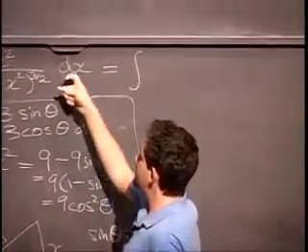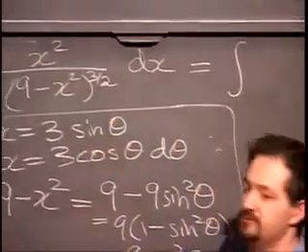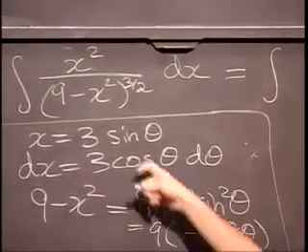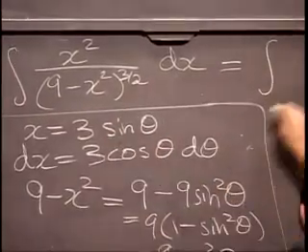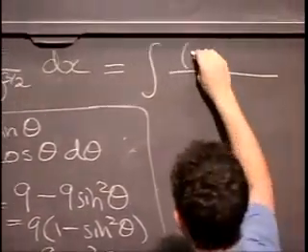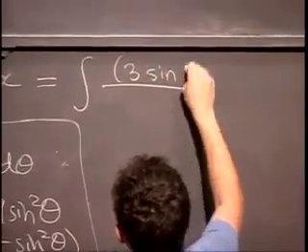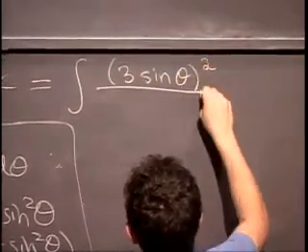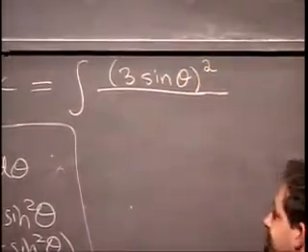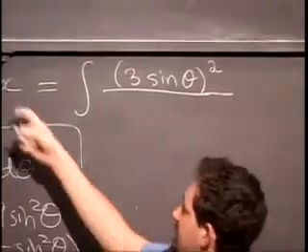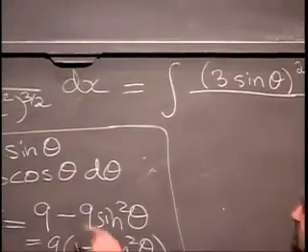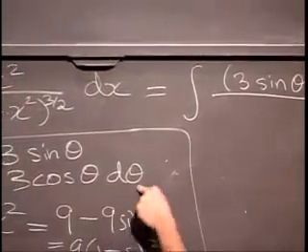So let's do the integral. Let's worry about the numerator first. What's x? x is 3 sine theta. So the numerator is 3 sine theta all squared. How about the dx? dx is 3 cosine theta d theta.